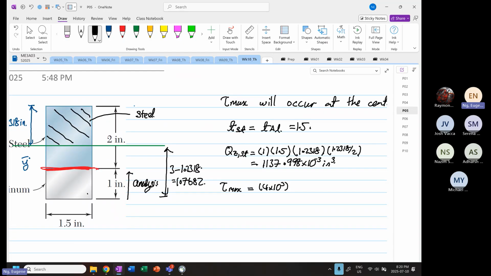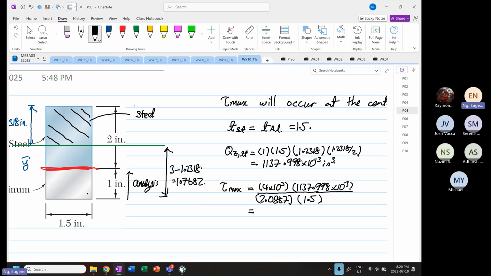2.0887, the I, the Q, and then the y bar is equal to 1.5, right?